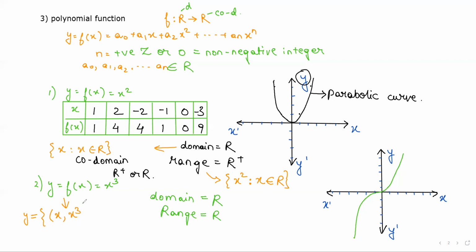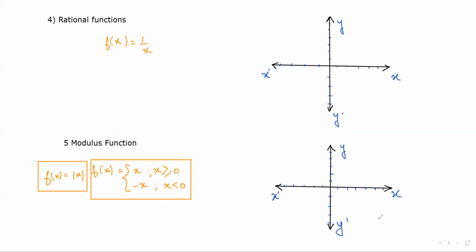So x comma x cube such that x belongs to R. Similarly, this domain can be defined as a set of all x such that x belongs to R, and range is a set of all x cube such that x belongs to R. You can have biquadratic function where your power of x is 4 and so forth. You can try the graphs for any value of the function, say x to the power 4 or x to the power 4 plus 1 and so on.